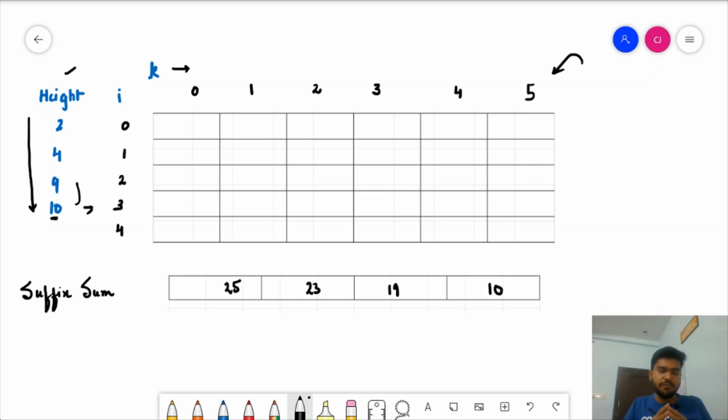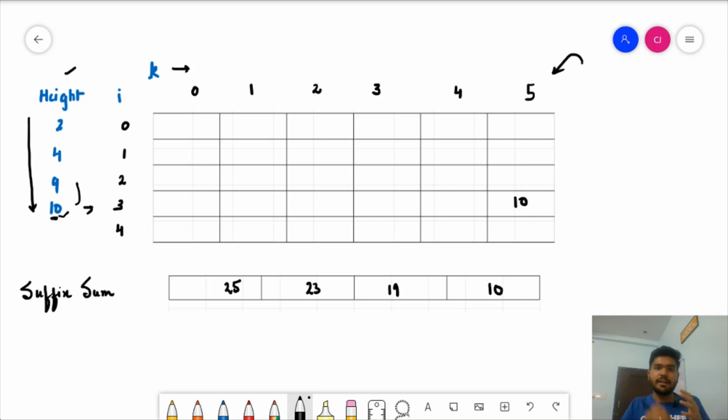If the value is greater than or equal to k, that means greater than or equal to 5, then how many boxes do we require here if we take 10? We can take only a single box 10 and formulate this solution, because 10 is greater than or equal to 5. So we can take only a single box, and then we can easily match. So what will be the height required?